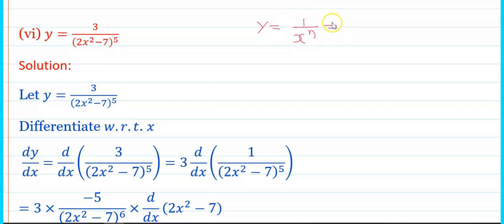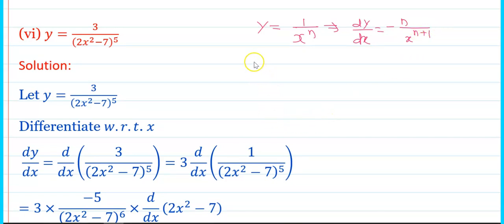If I want its derivative, again we bring this power to the numerator. Therefore it is minus n and x raised to minus n minus 1. Then we bring the same power to the denominator, x, and it will become x raised to n plus 1. Okay, this is the derivative.